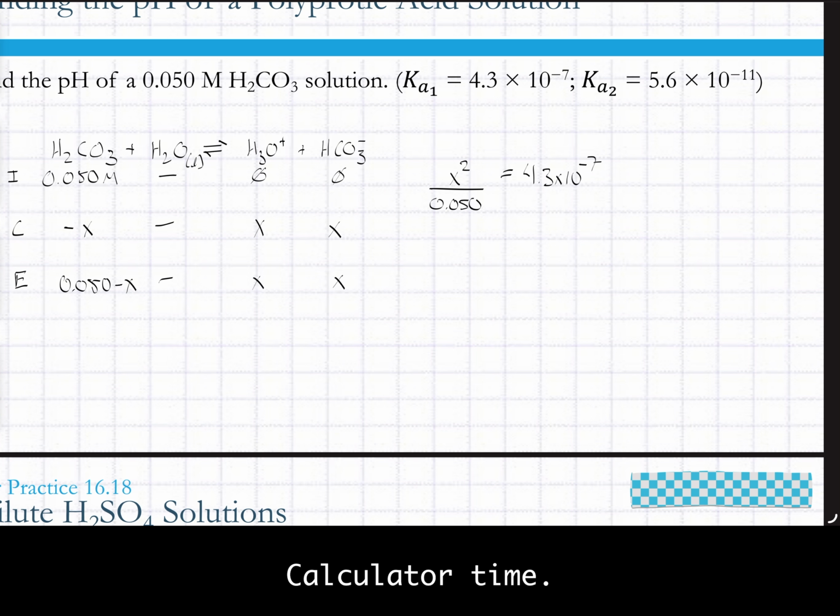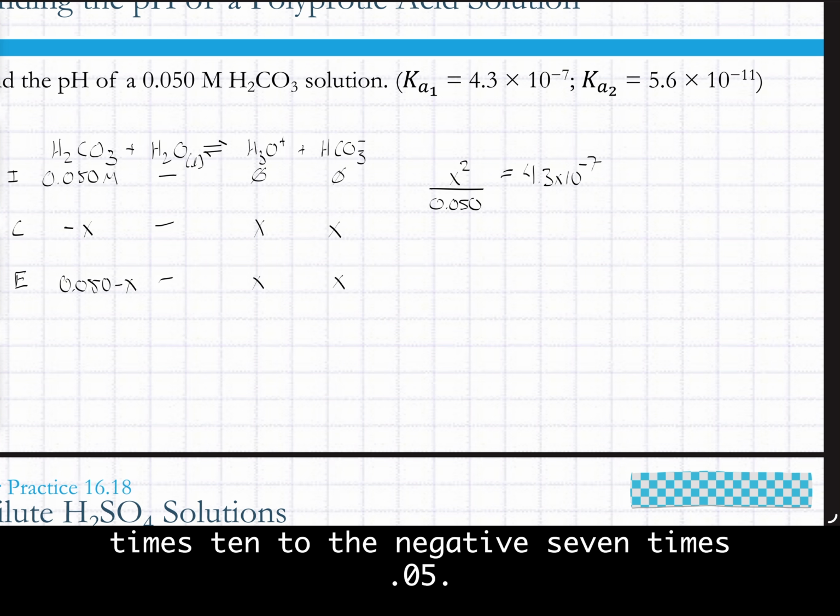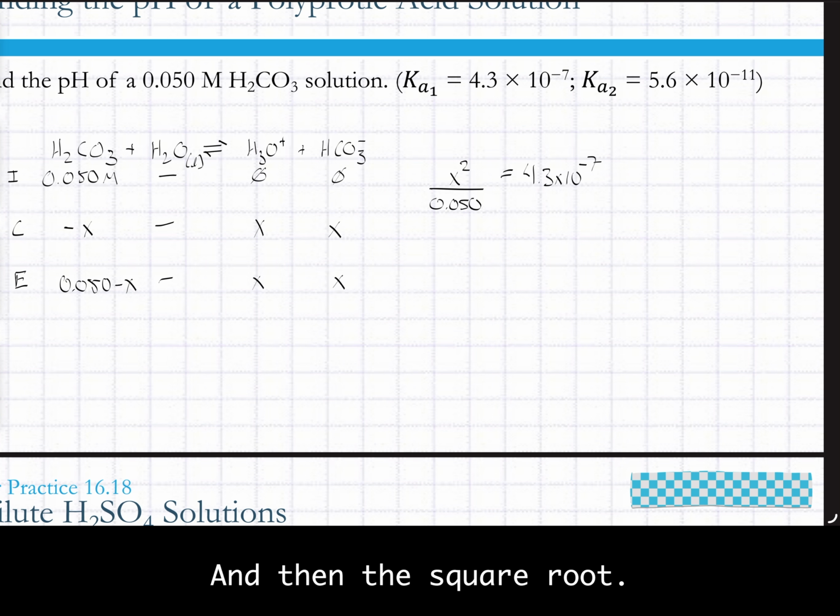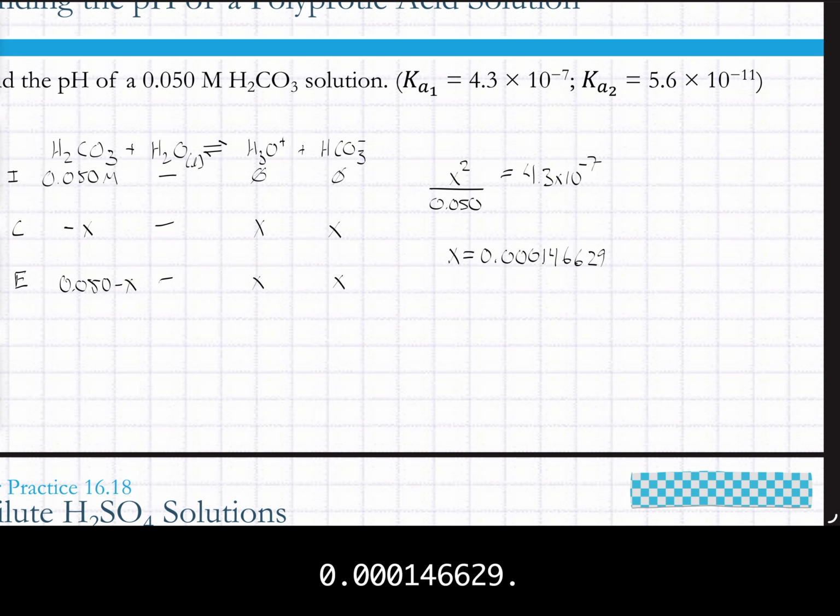Yeah, calculator time. So 4.3 times 10 to the negative 7 times 0.05. And then the square root. So x equals 0.000146629.